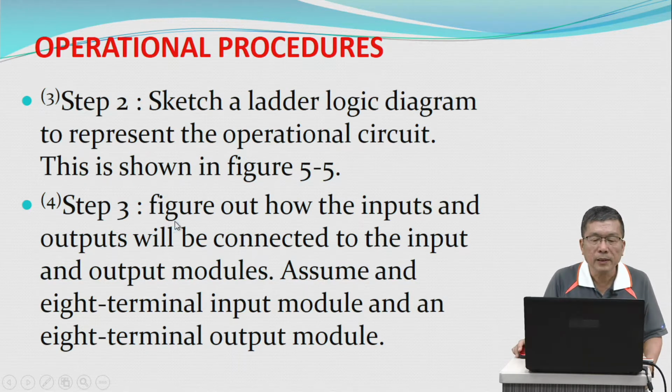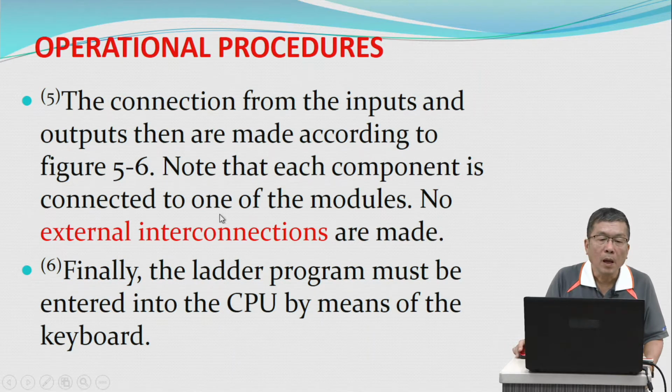Step 3. Figure out how the inputs and output will be connected to the input and output modules. Assume an 8 terminal input module and an 8 terminal output module. The connections from the inputs and outputs are then made according to Figure 5.6.